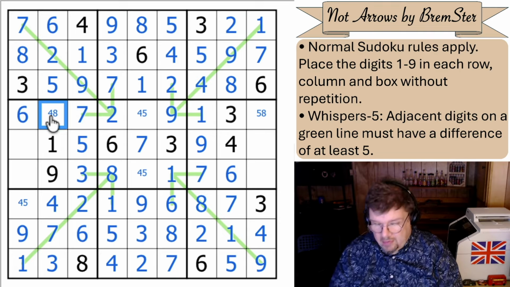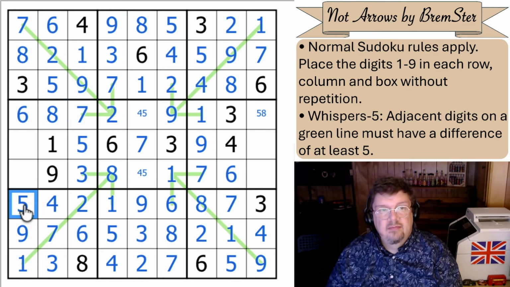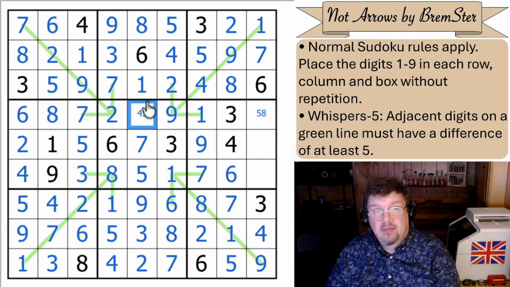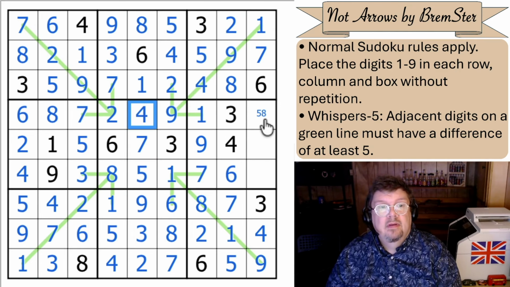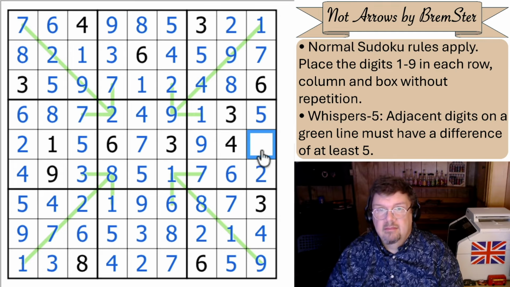That's a 4. That's an 8. That's a 5. This is a 2-4 pair, and we know the order, 2 and 4. That resolves the 5 and the 4. That's a 5 here. We need a 2, which goes there, and an 8 here.